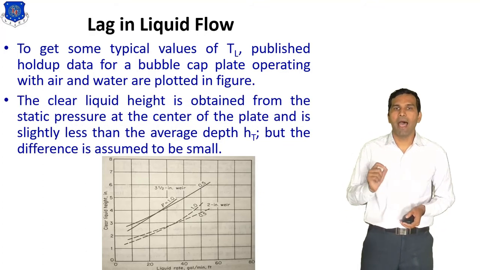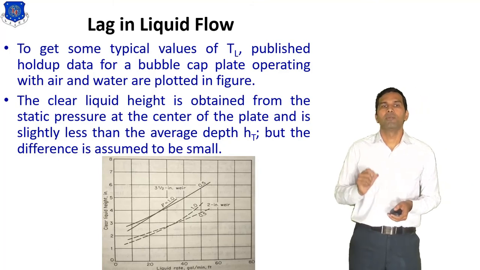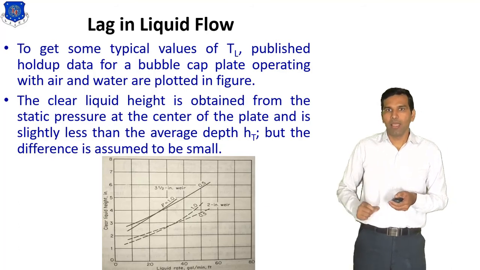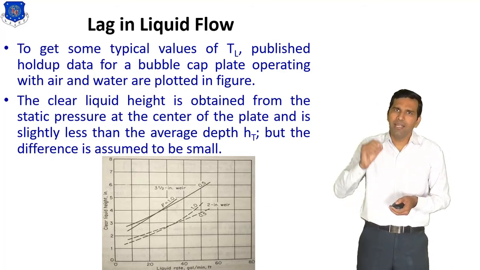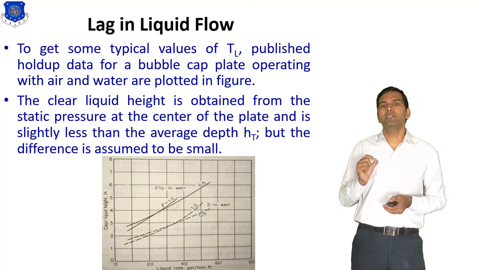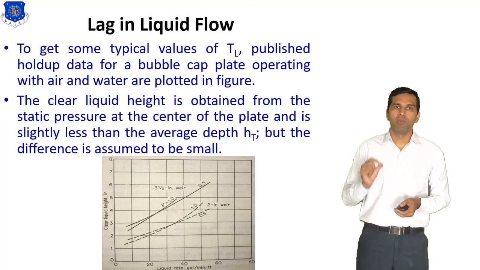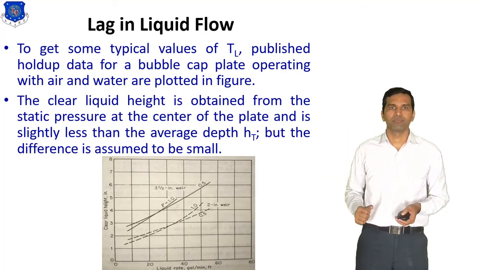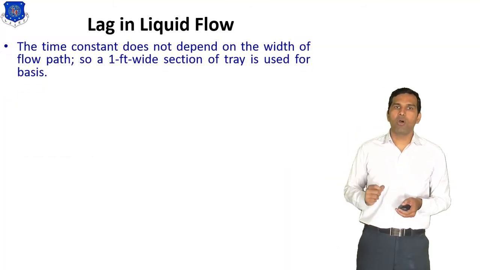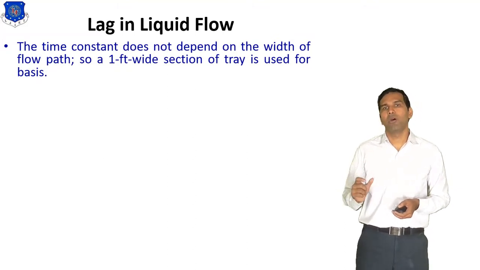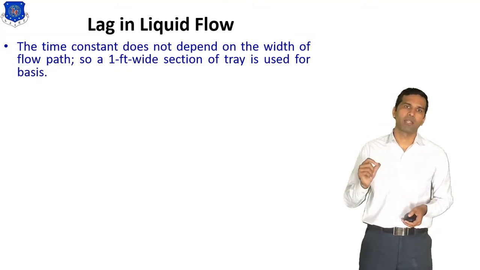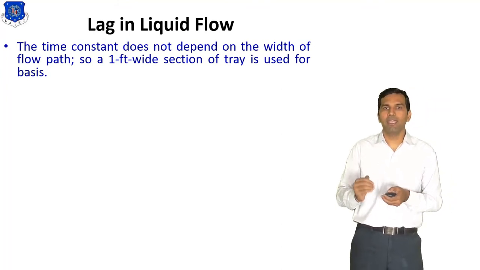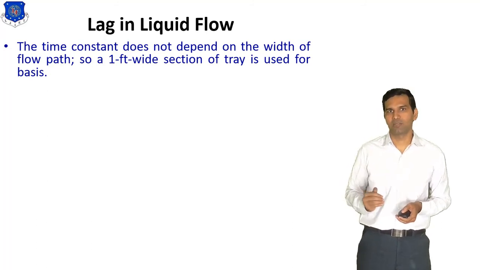The clear liquid height is obtained from the static pressure at the center of the plate and is slightly less than the average depth HT, but the difference is assumed to be small. The time constant does not depend on the width of the flow path, so a 1 foot width section of the tray is used as the basis.